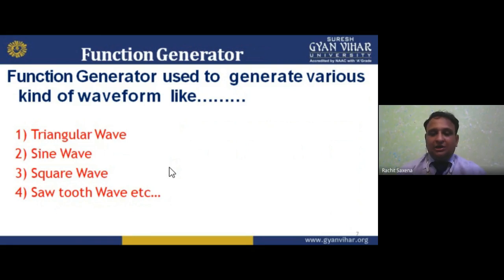Sawtooth is not used anywhere in electronic components, but it can be generated by the function generator.